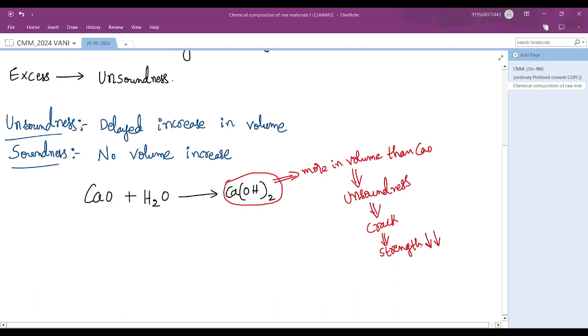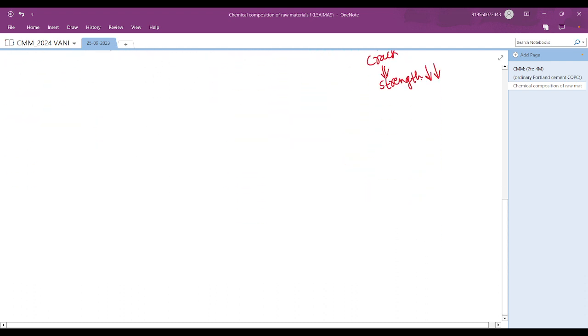Yeah. So next important oxide is silica, SiO2.